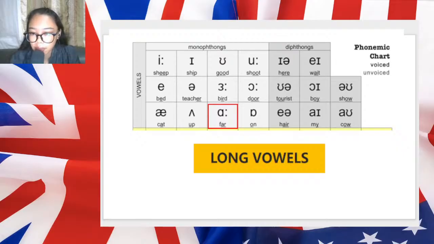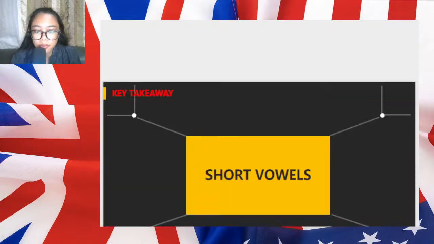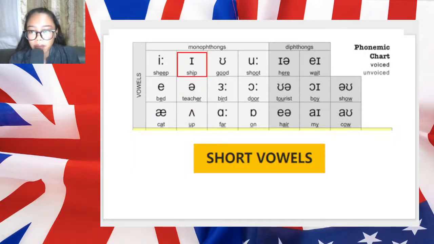So this is actually the last part of our session. But to recap what we've discussed so far, let's just try to say the different short vowels and long vowel sounds. Let's start with the short vowel. E, ship. E, bed. A, cut. Up. On.